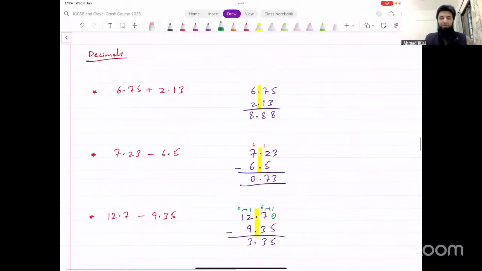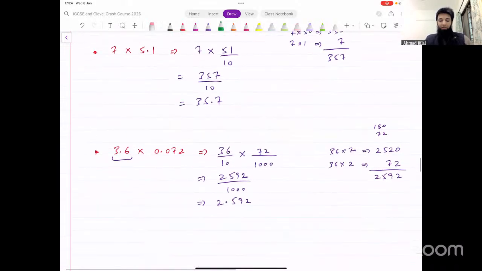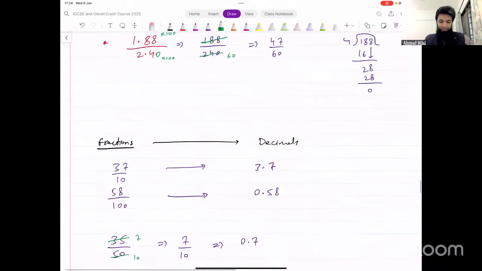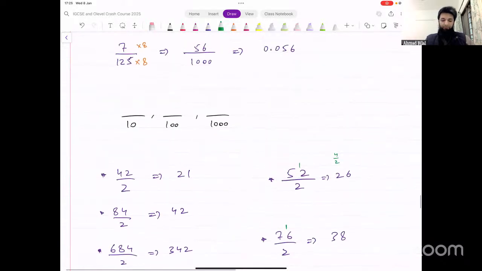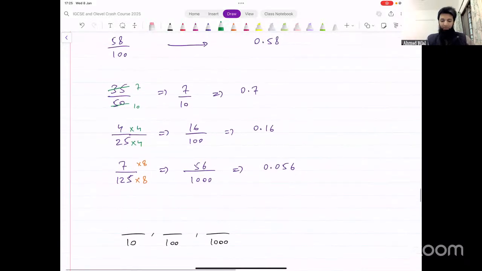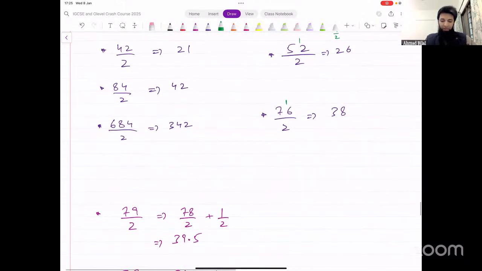We talked about decimal addition, decimal subtraction, decimal multiplication, decimal division. And then finally, how to convert fractions to decimals by making sure that the denominators are 10, 100, 1,000. That makes it easier to do that division. And then division by 2 in particular, because that's extremely common.